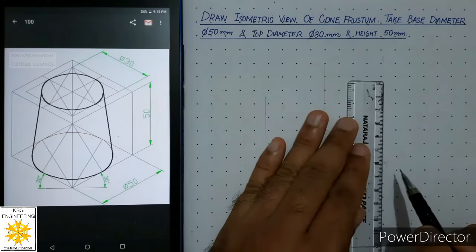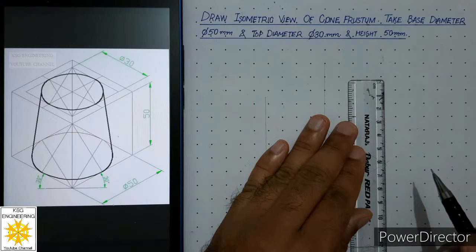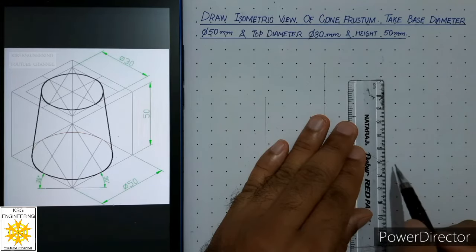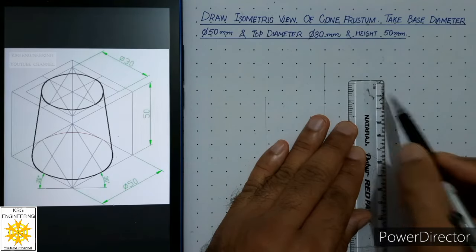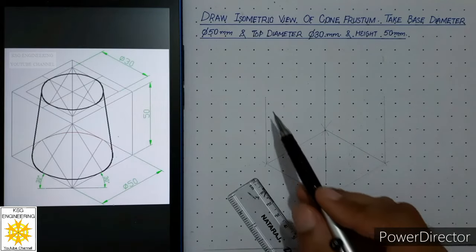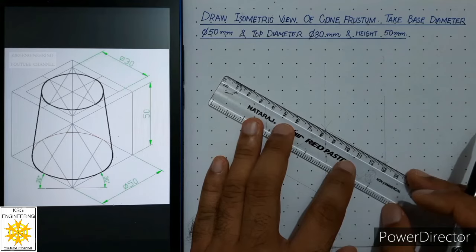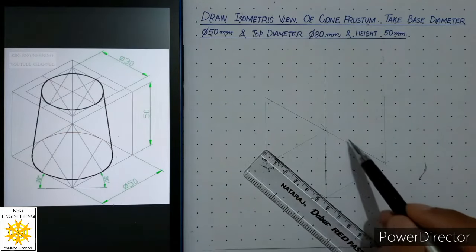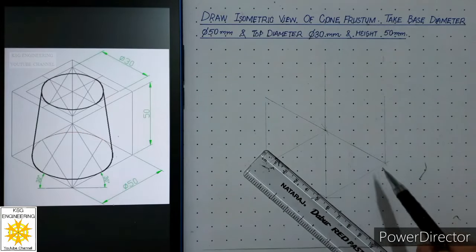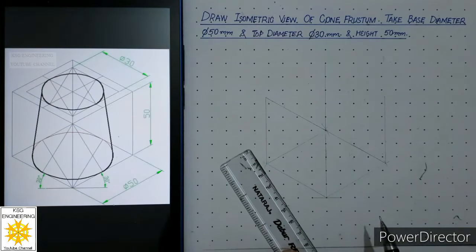Then from this point, we will draw another vertical line of 50 mm and align your scale carefully in vertical position to draw that line. Then we will connect these 4 points with the help of continuous thin lines. And when you connect these 2 points, you will find that this is a single line. So this is the geometry of the isometric view of the cube.